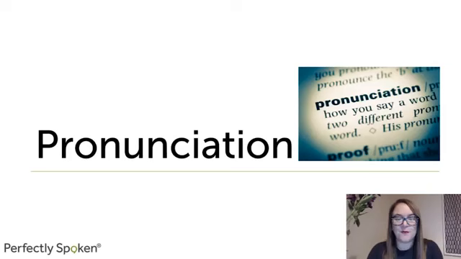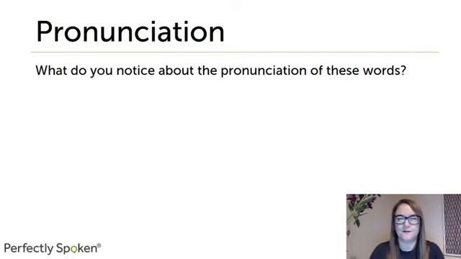Okay, so for the second part of the lesson, we're going to have a pronunciation focus. What do you notice about the pronunciation of these words?